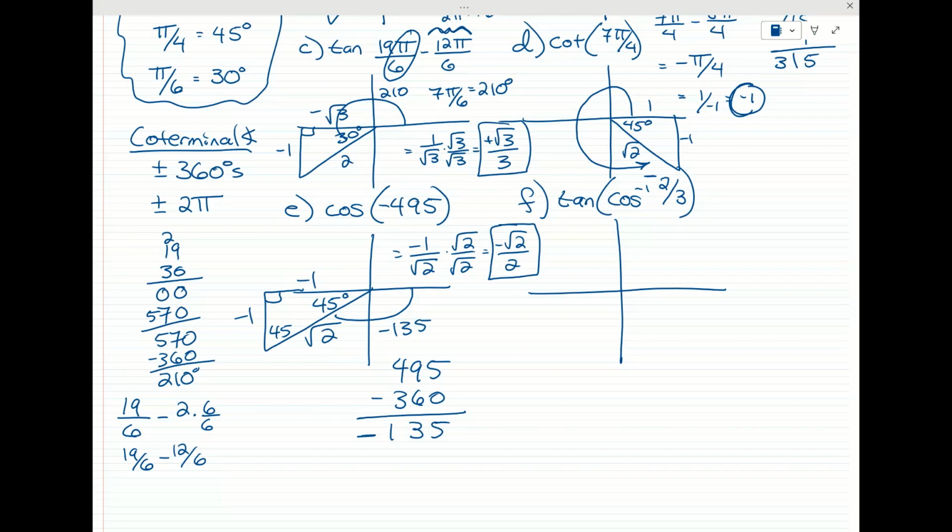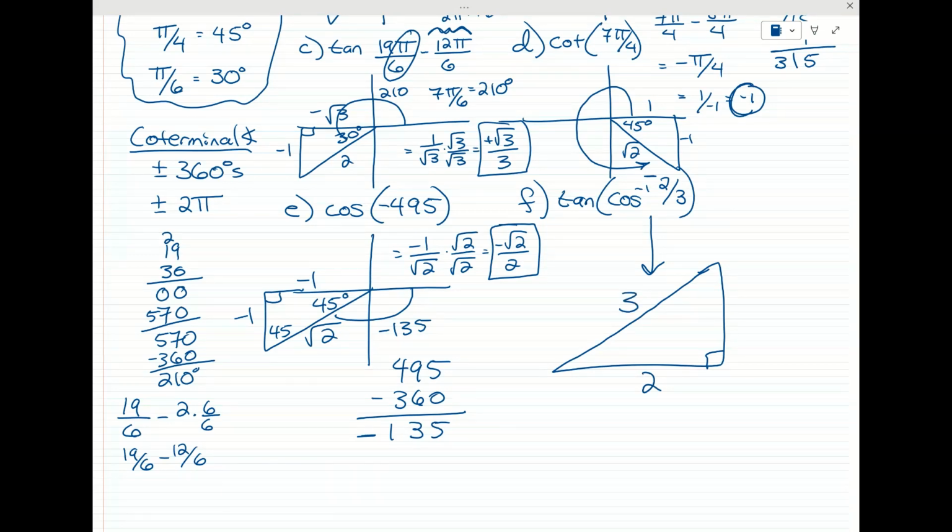And then the last one, this says inverse cotangent of 2/3. The way we talked about doing this is we could just draw the triangle from here. So if cosine is 2/3, what would the tangent be? Well, in order to figure out tangent, we could do opposite over adjacent, but we have to figure out that missing side.